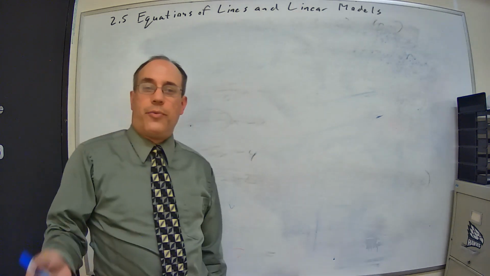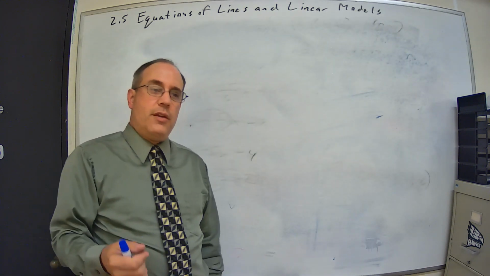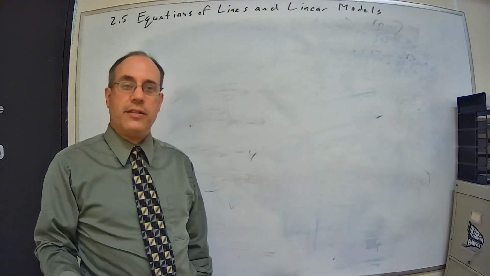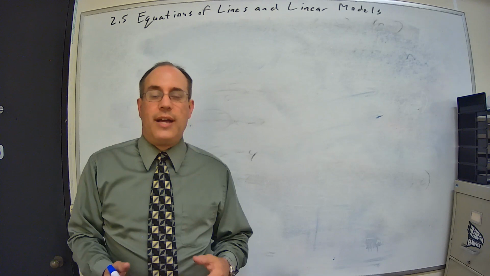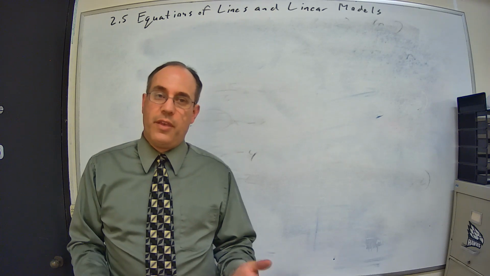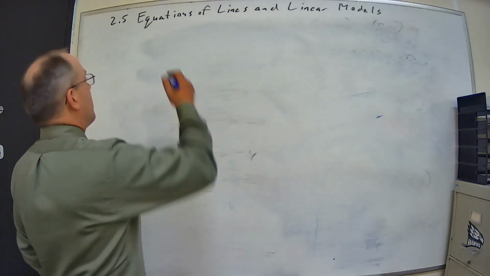Now, another cool thing that we can do with this is sometimes you want to create lines that are parallel to one another, or lines that are perpendicular to one another. So let's try this.